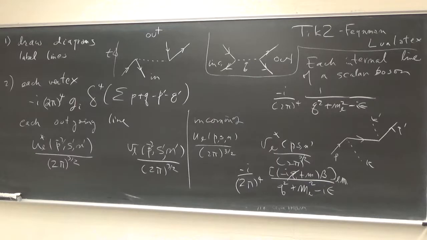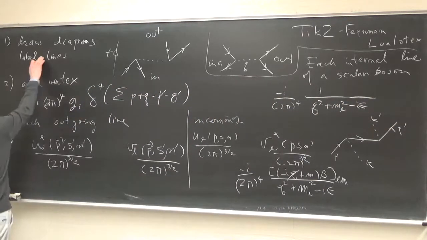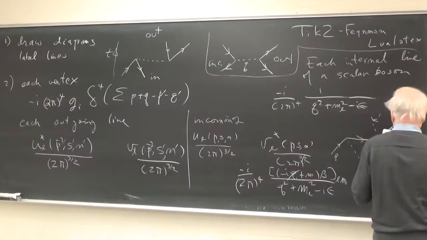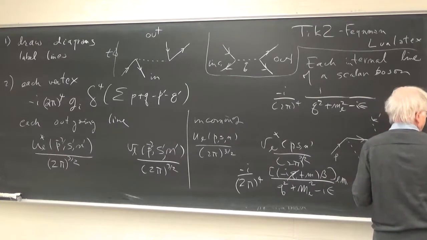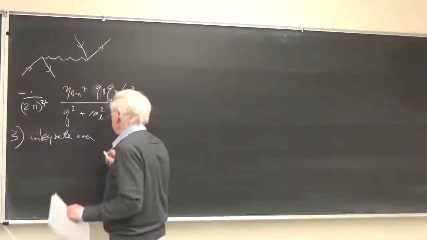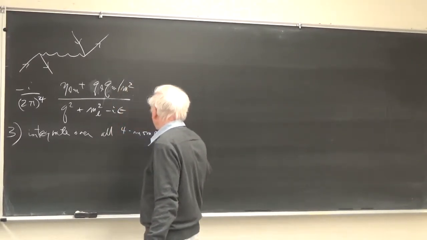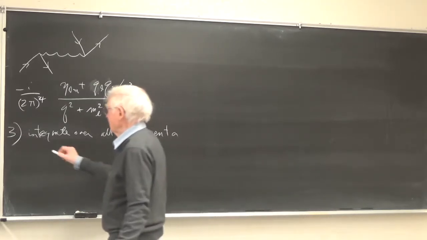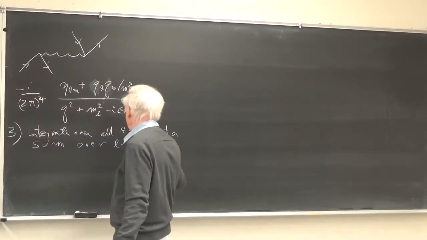So step 2 is a very, very big step. Step 1 is just a couple of sentences. Step 2 is fairly big to describe at least. Step 3 is integrate over all momenta, and of course sum over l, m, and so forth.